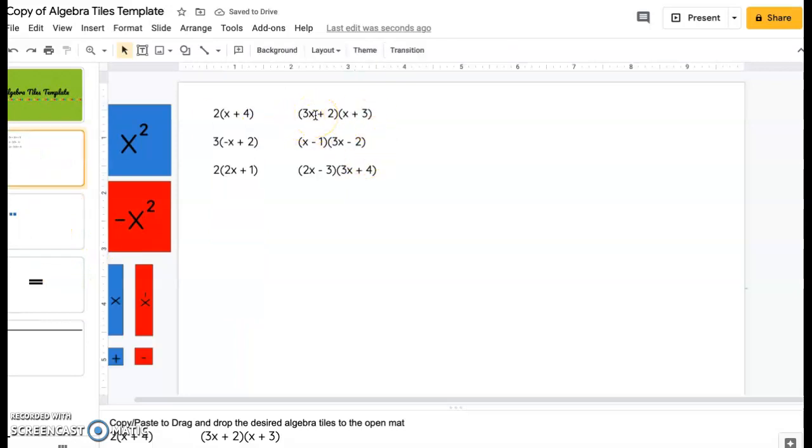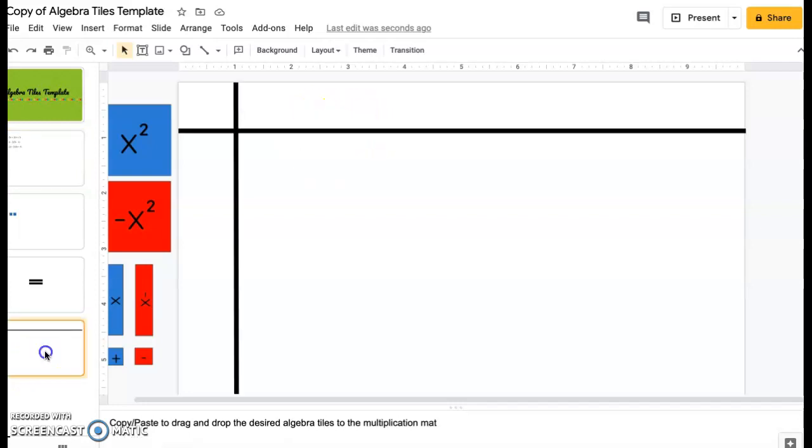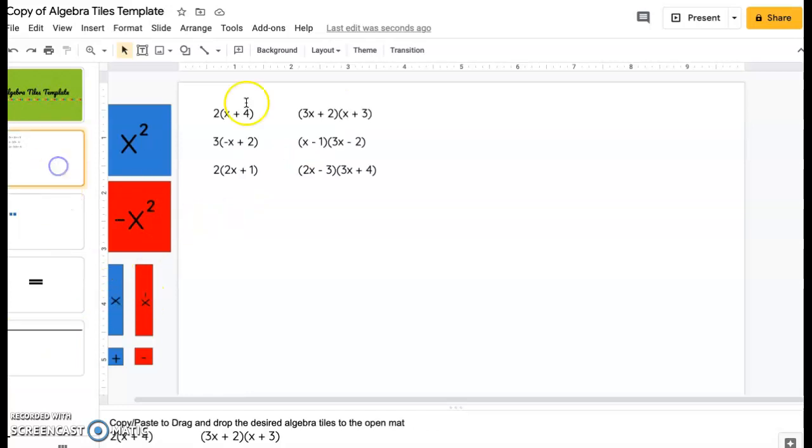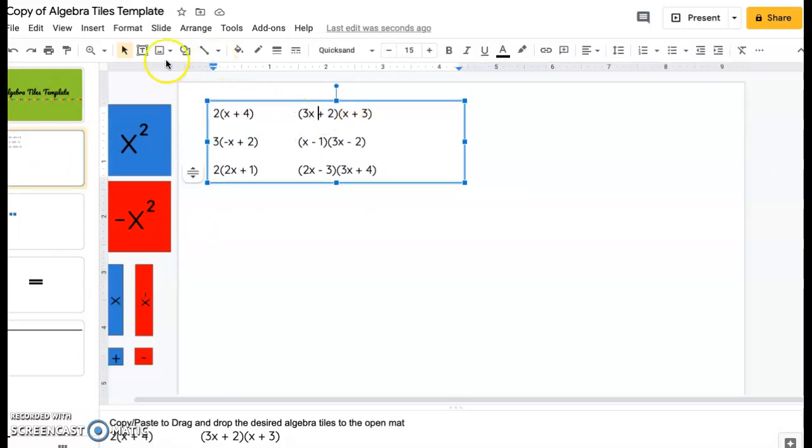Now we're going to be multiplying binomials. So our first problem with that is going to be 3x plus 2, and then x plus 3. So we're going to go down to this one now. And we're going to copy this so that we remember what we're doing.